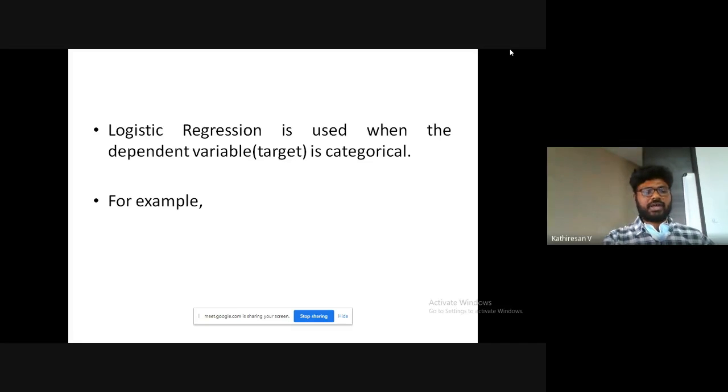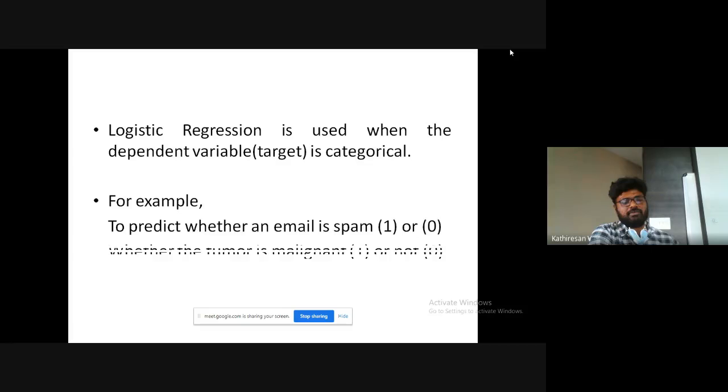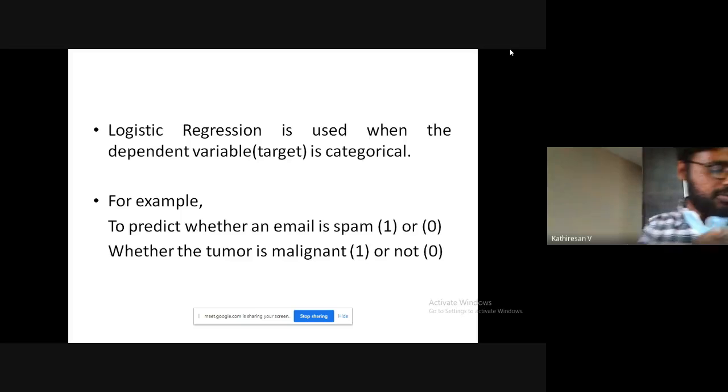For example, predict whether an email is spam or not, whether a tumor is malignant or not. Finding whether cancer is present or not, in order to find that, we have to decide 1 or 0.